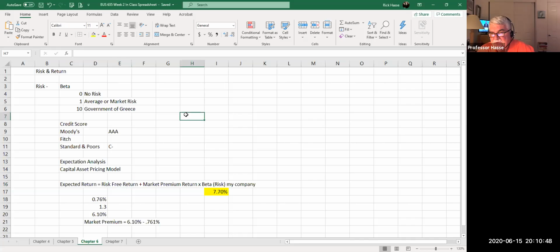Now, not to add confusion to this, but remember I told you last week that finance is interpretation. Some people interpret the risk-free rate as the 30-year United States Treasury yield or the 5-year United States Treasury yield. Some people interpret the market rate of return as the NASDAQ rate of return.